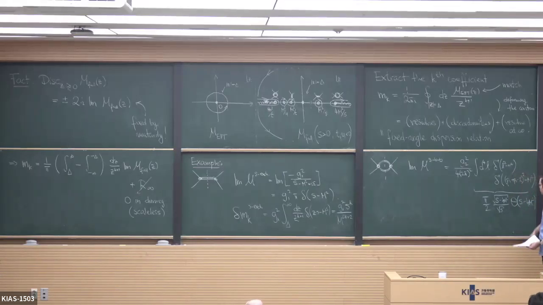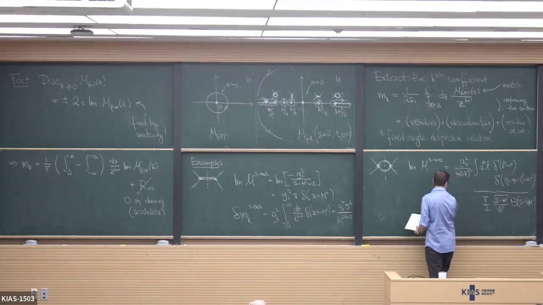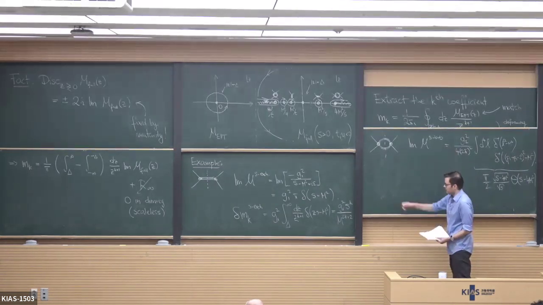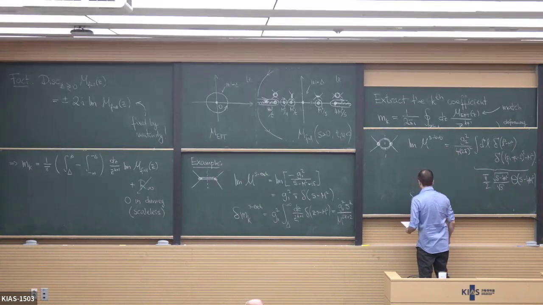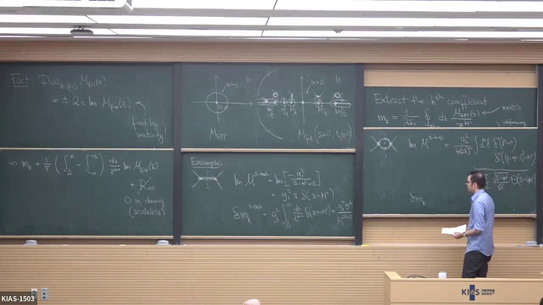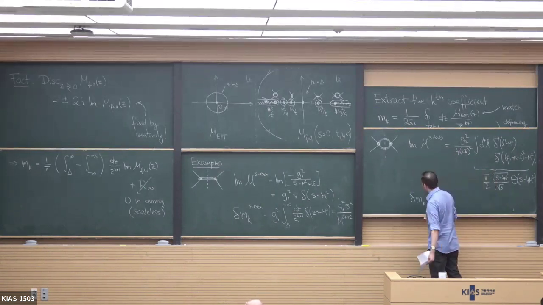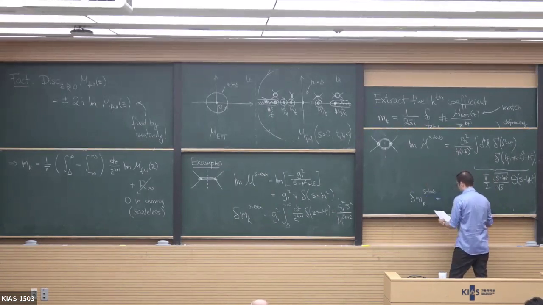Okay, so now this was the first step, computing the cut, which in this case was fairly simple. And then the second step, rather, is computing the contribution to the Wilson coefficient from this bubble. Okay, so let me write the formula.